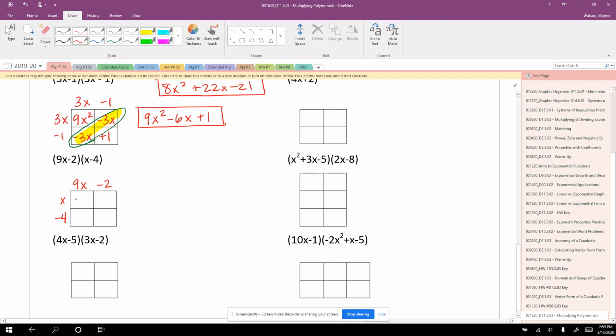So here we go. Diagonal terms are like terms. So combine those two. So I'm doing negative 36x minus 2x gives me a negative 38x.